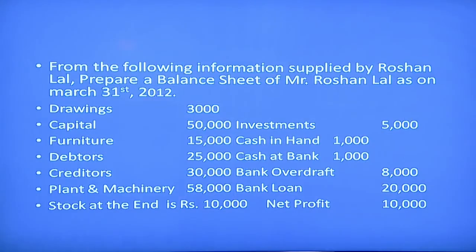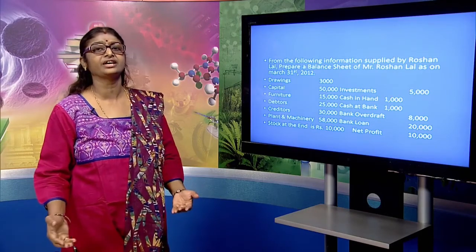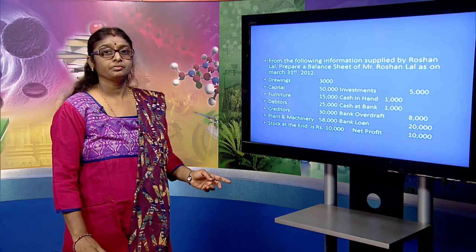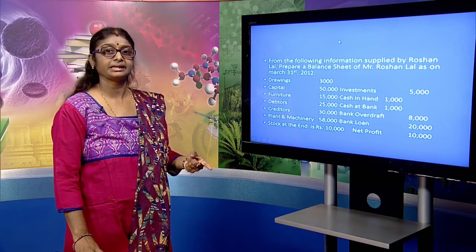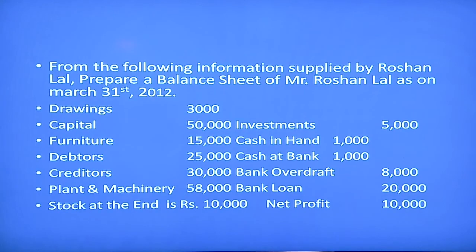Here is also one question for the preparation of the balance sheet. We have given you drawings, capital, furniture, just identifying the liabilities and just identifying the assets. That is what we need for preparing the balance sheet. So, from the question you can easily identify the capital amount is given here. It will be written on the inner column.